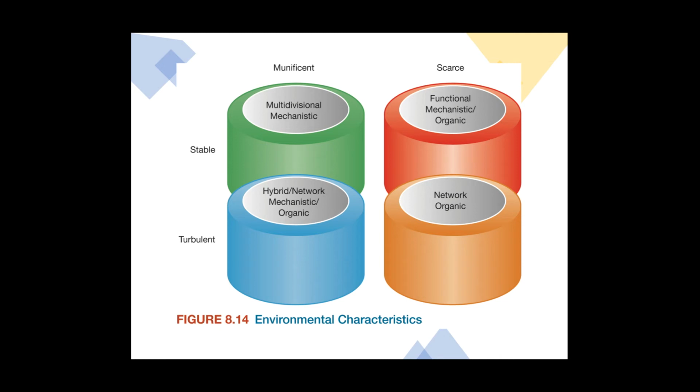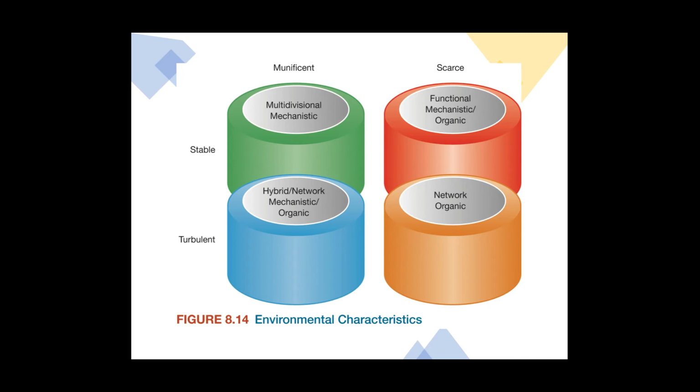Okay? But then also the other consideration of the external environment, are things relatively stable or are things relatively turbulent, changing, dynamic, unpredictable? And you can see here what this figure 8.14 from your textbook suggests is that different combinations of stability, turbulence versus munificence, scarcity will suggest different types of organizational structure, whether we're talking about very mechanistic or very organic, right?